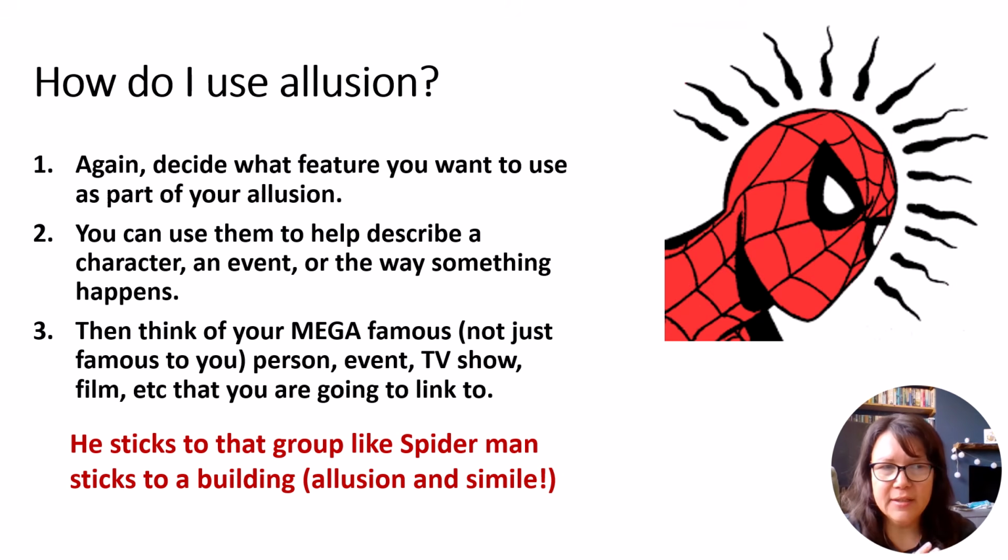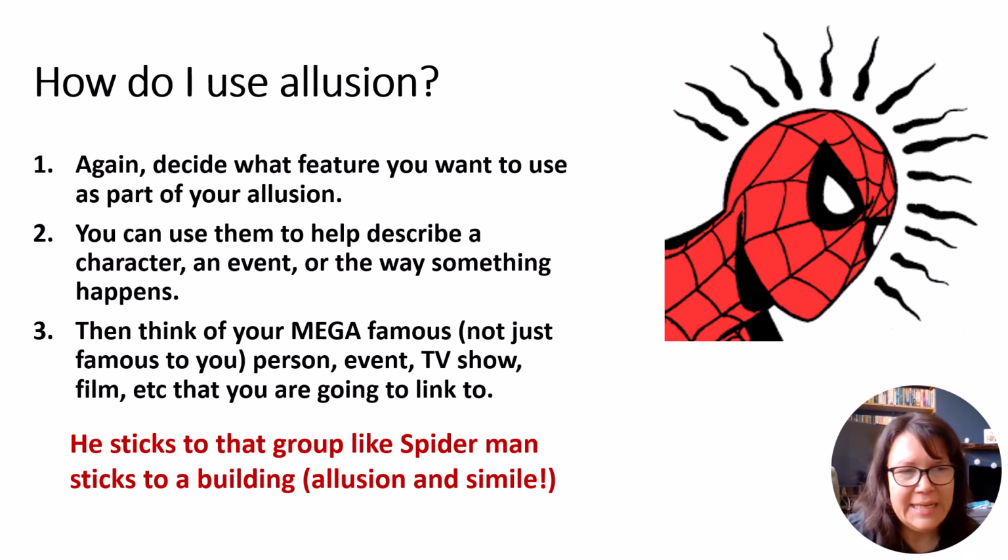So you can use it, a character, an event, or the way that something happens. And then you want to be choosing something mega famous. And so my reference for this is just that if most people in the street will have heard of it, then you can go for it. If only you and some of your friends know about it, then the chances are that the examiner is not going to necessarily get it.